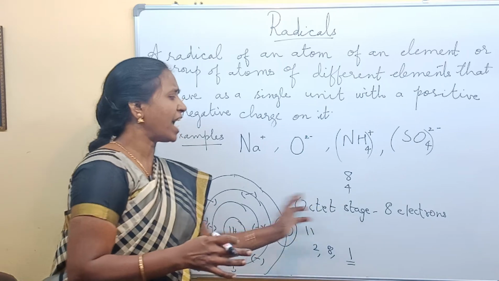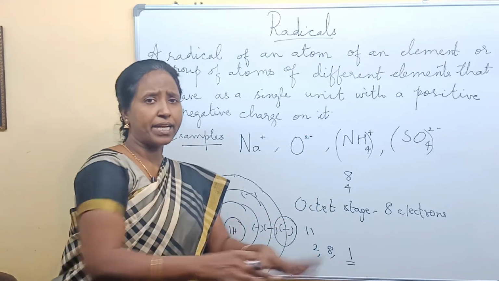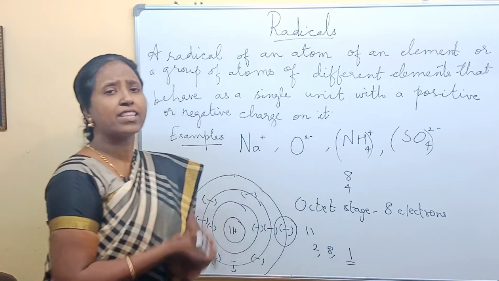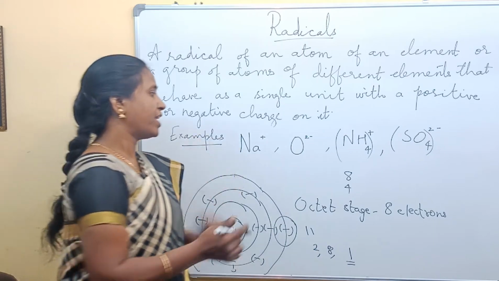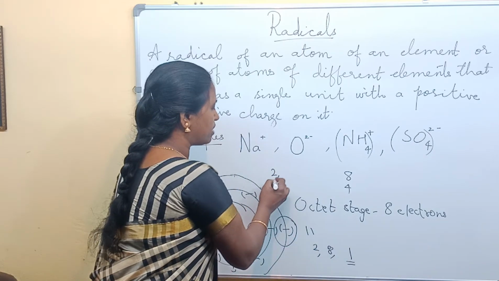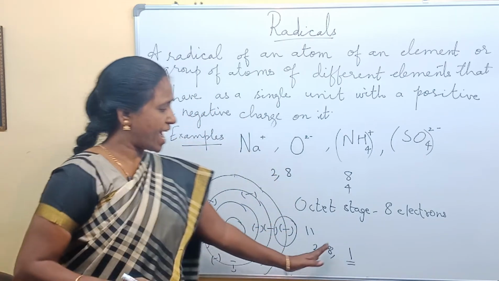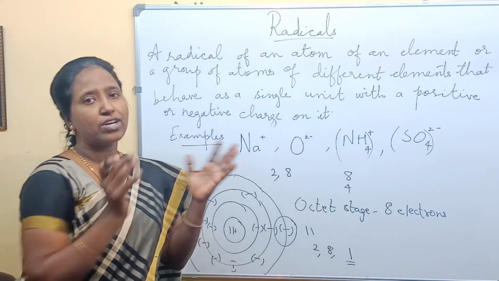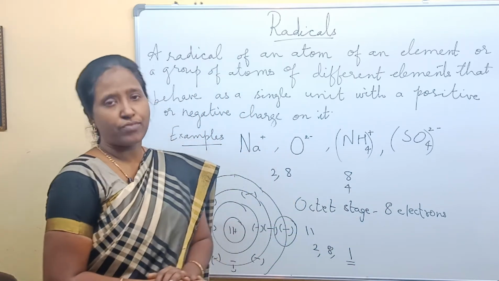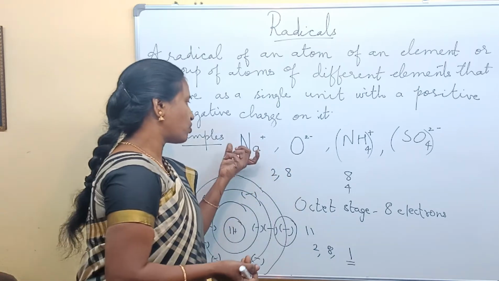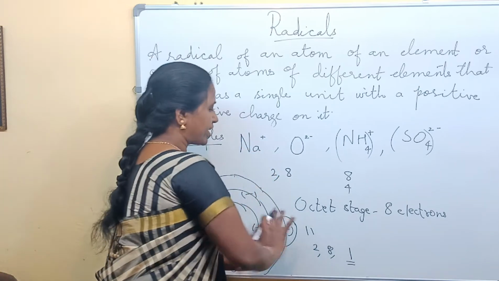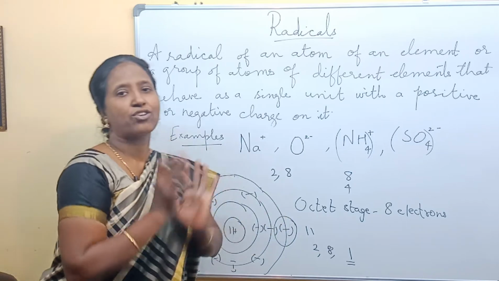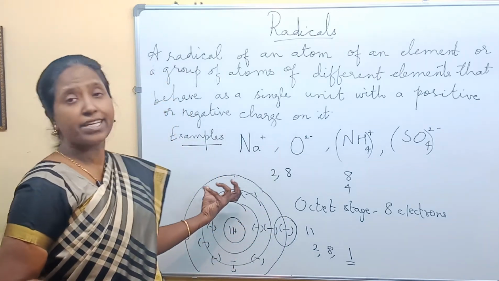So when any atom comes beside it, the sodium immediately gives away this 1 electron. Right? So here what happens? It becomes 2, 8. And this 1 electron is always in the going-away level because it is less than 4. Okay, so when the electron is gone, it was firstly neutral.